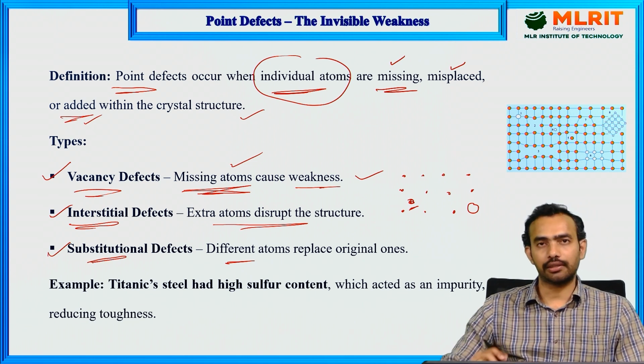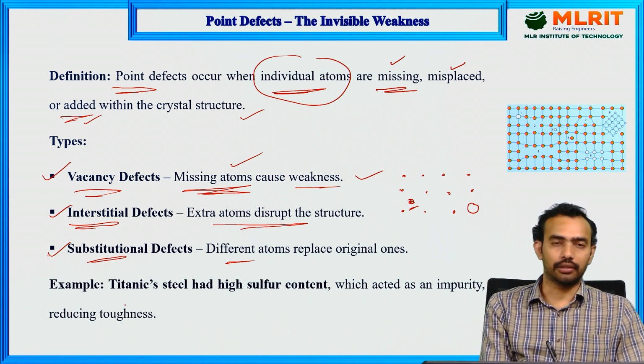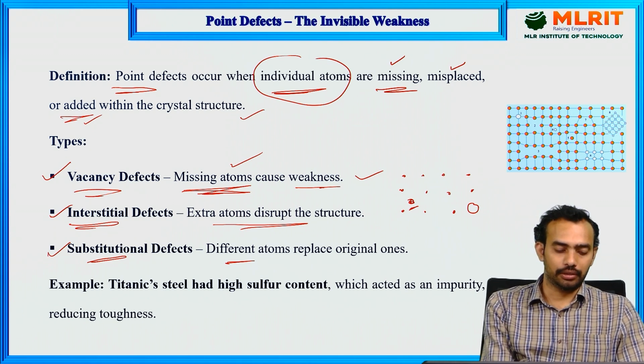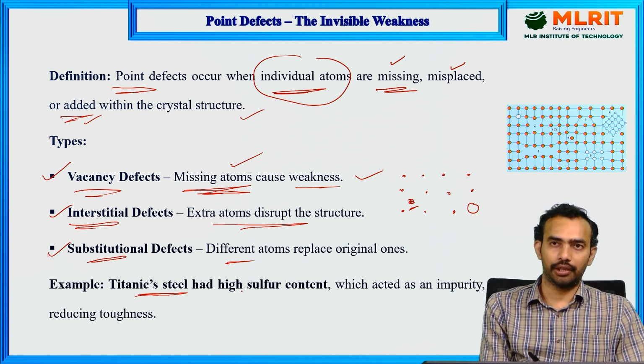In the last class we discussed the Titanic ship failure. There we discussed the atom-level aspects of the steel material used in the Titanic ship. The steel was identified with a high amount of sulfur content.